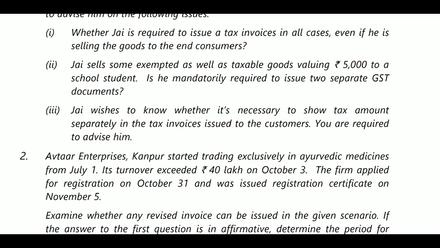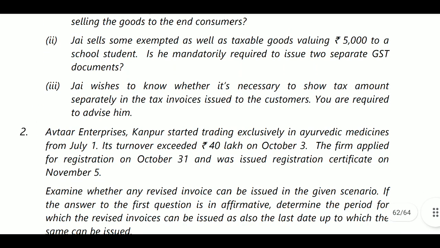So he may issue one invoice, that is an invoice cum bill of supply, for this purpose. No issue. One invoice, because they are unregistered persons. School children will not be registered persons. That is our advice.